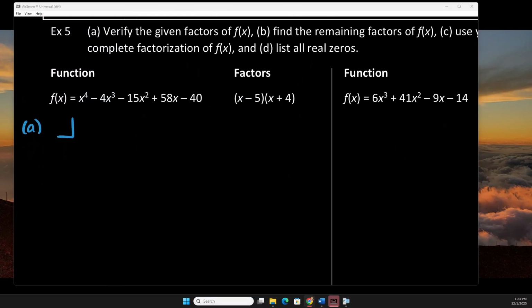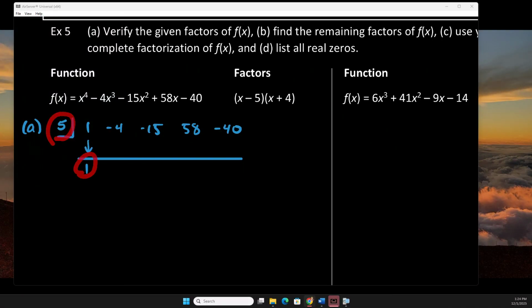What would I put in the box? Right. Do I need to fill in any zeros? Nope. So I'll bring down the 1, and then I'm just going to start multiplying and adding.